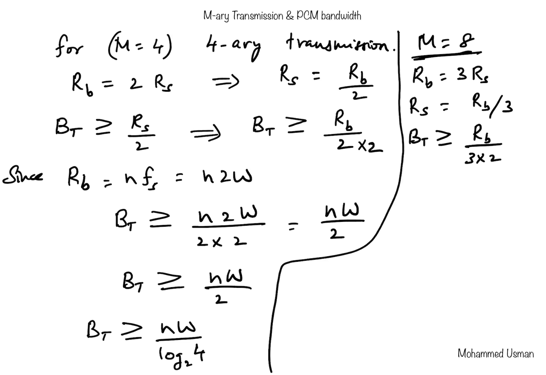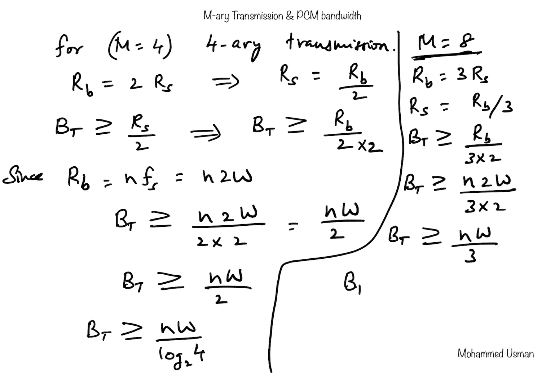And then we'll apply this relationship. So the transmission bandwidth should be at least, with Rb as N times 2W, N times 2W by 3 into 2, or that becomes N times W by 3, and the 3 is basically coming from the number of bits per symbol.